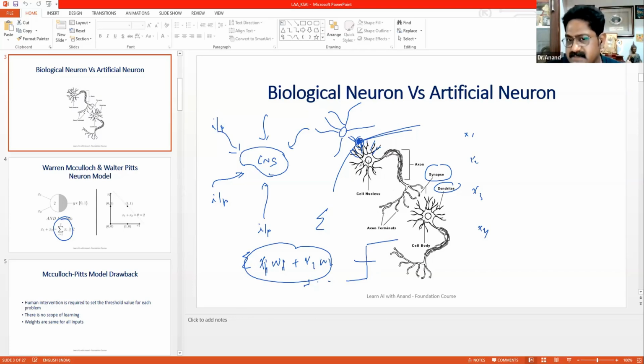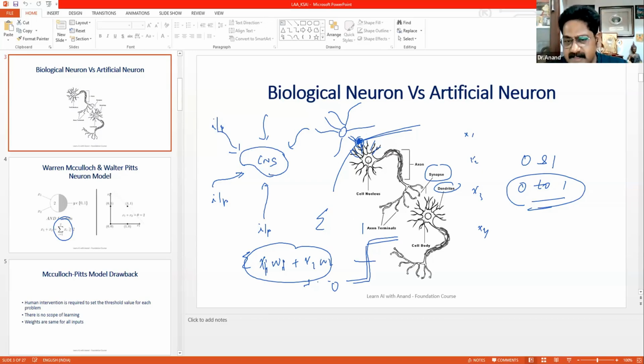Later on, they converted this hard limit function of 0 and 1 to 0 to 1. This is more practical and meaningful because it is a continuous value that can be considered as a probability score.